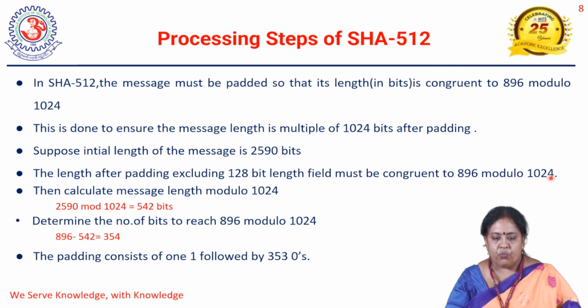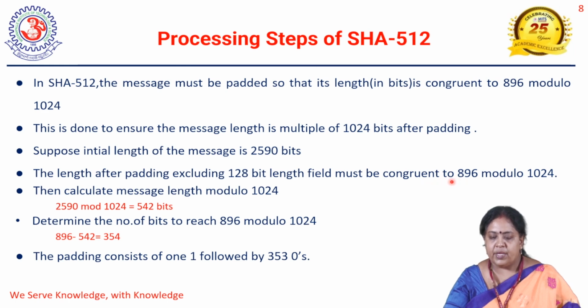So what is the length of the original message? 2590. So 2590 mod 1024, the answer will be 542 bits. So we have to know how many bits to add. What is the formula here? It should be congruent.